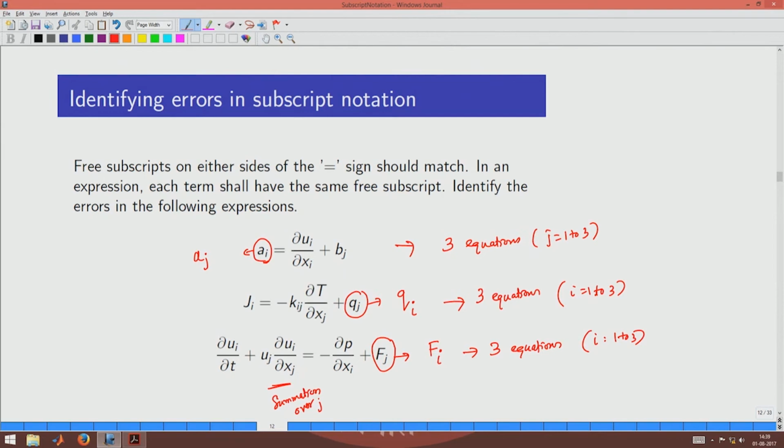So, instead of writing 3 different equations where the second term on the left hand side has a summation, we have written a very concise form by using the subscript notation, and then 3 equations are written with just one equation where the index is kept to be free there. In this case, it is i is the free index. So, this is, I would say, the power of subscript notation in being able to write a lot of things in a very succinct form.